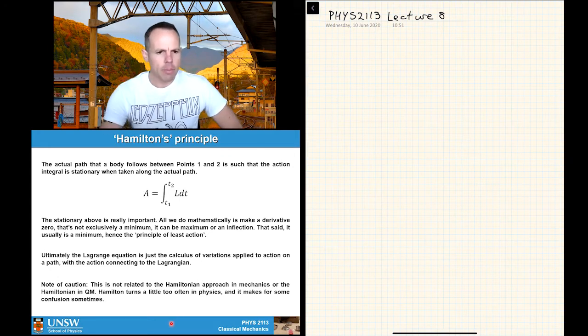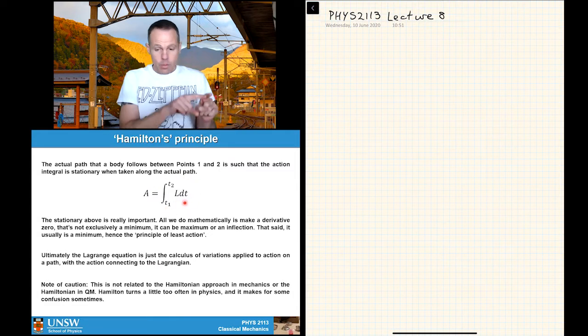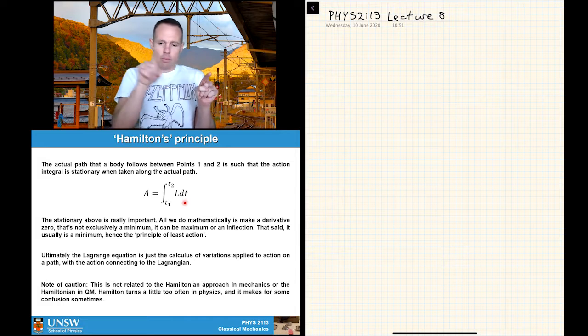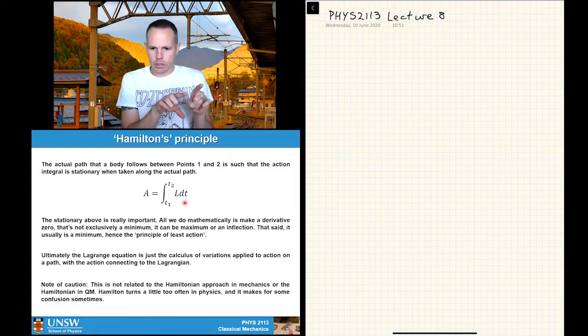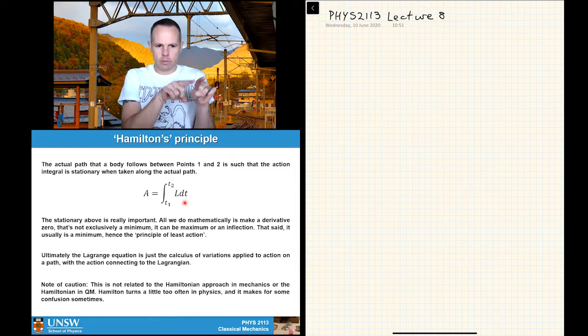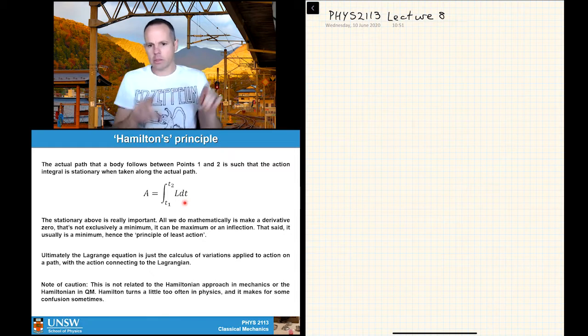Okay, but basically what we have is an action A, which is the integral between the beginning and end points of the path of the Lagrangian, and what we do is we set out to minimize the action along that path, or in this particular case make it stationary, right? And the reason why stationary is important is because generally it's a minimum, but sometimes it's actually an inflection or a maximum that's the correct path.